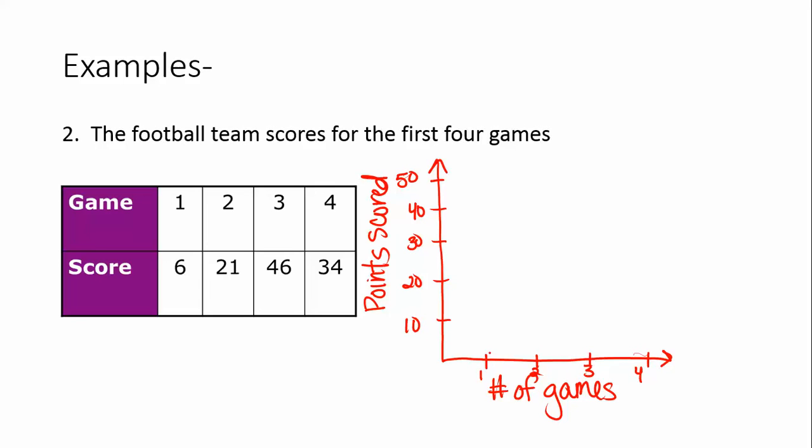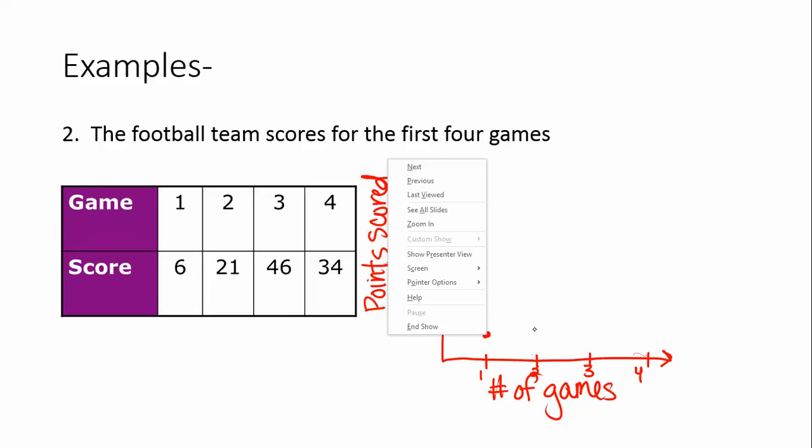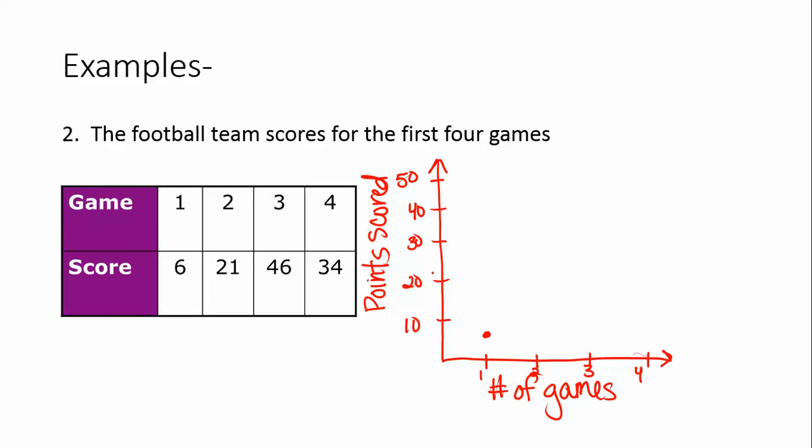So again, the first game it was 6 points. The second game, 21. The third game was 46. And the fourth game was 34.